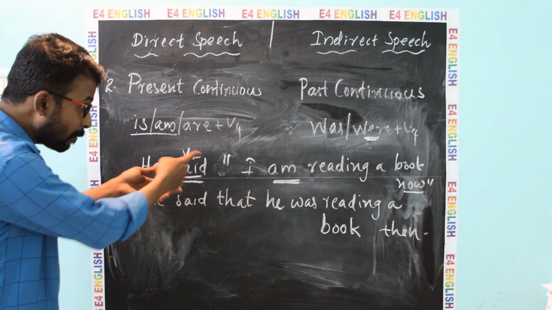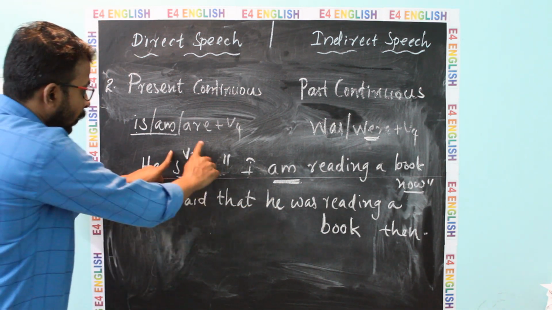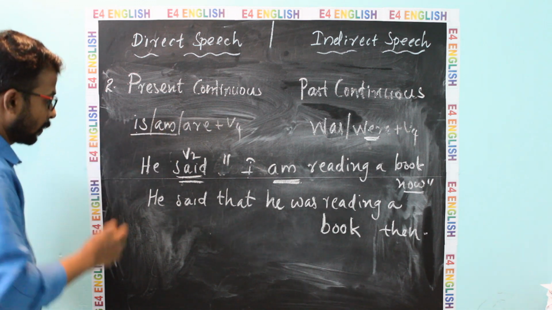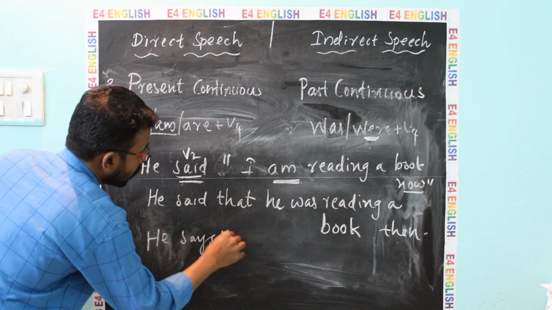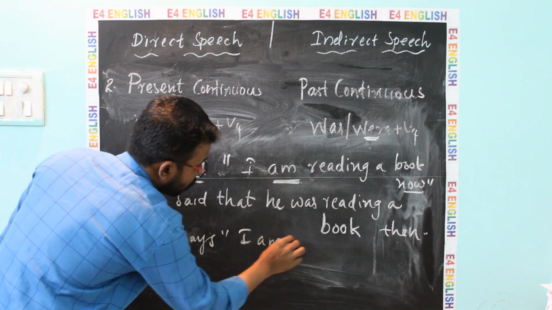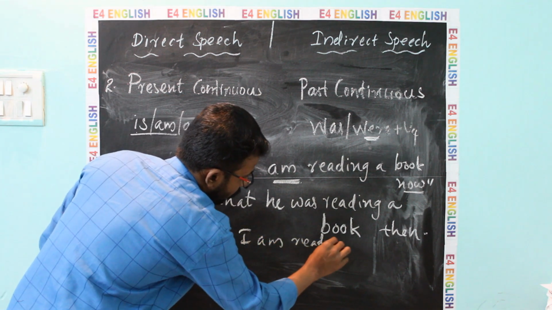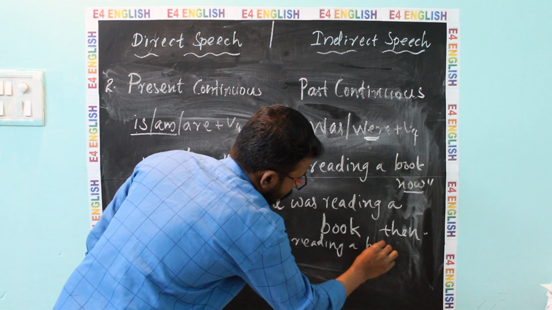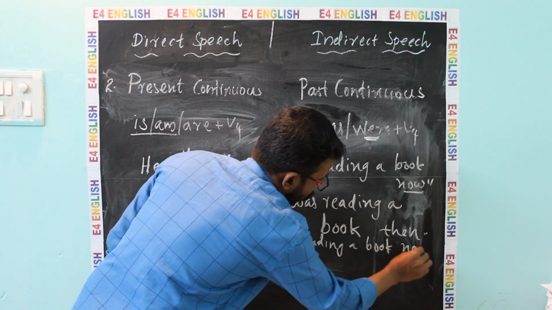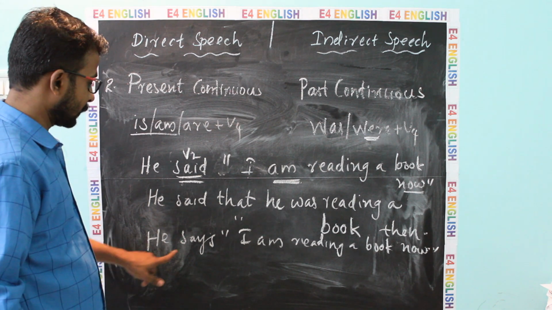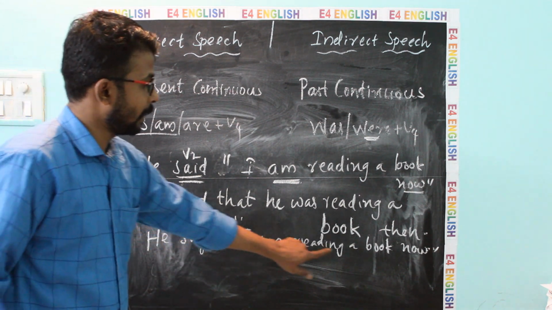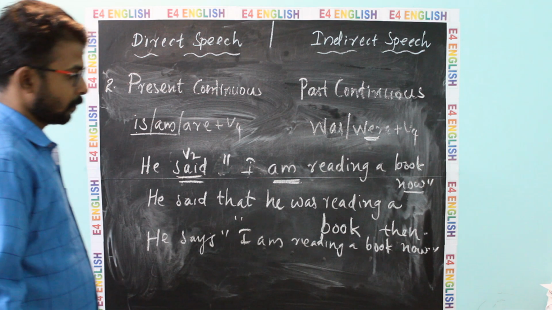Think of the same sentence where this reporting verb is in V1. He says, I am reading a book now. So it will change into he says that he is reading a book now.